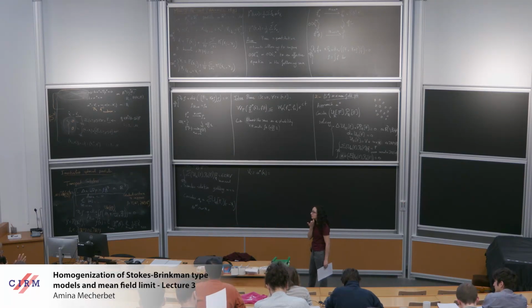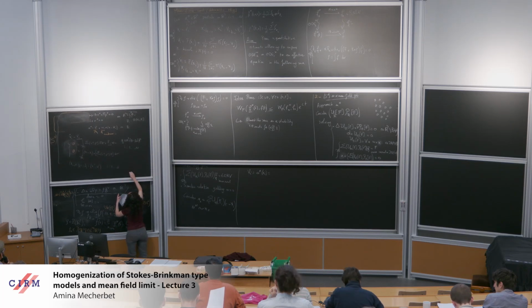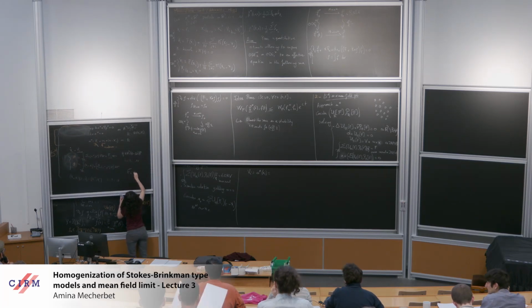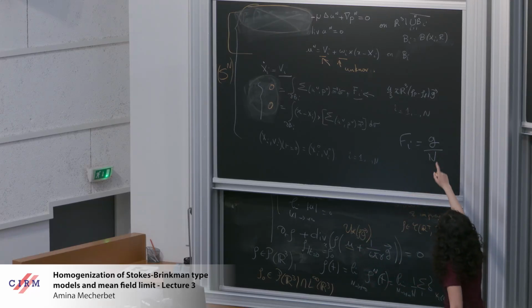Yes? Sorry, Amina. Because I got a bit lost. Fi, here what is given exactly? What is unknown and what is given? So Fi will be quickly set to be J over N. Okay. So this is fixed?